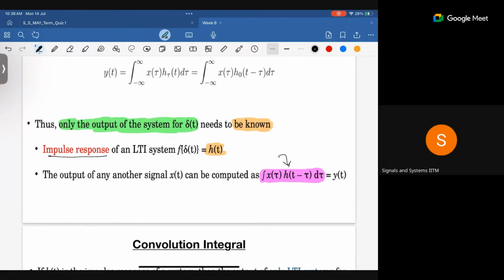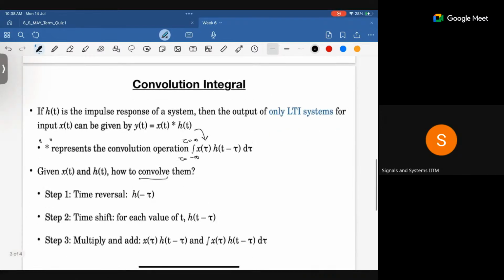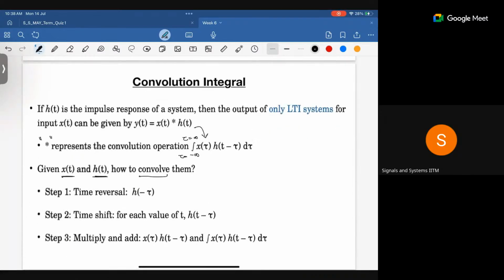Then given any input, all we have to do is convolve the impulse response and the input. Once we have h of t, we compute h of minus tau, so you just change the variable and do the time reversal.